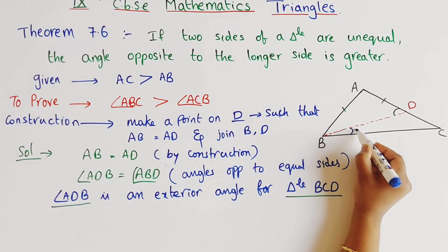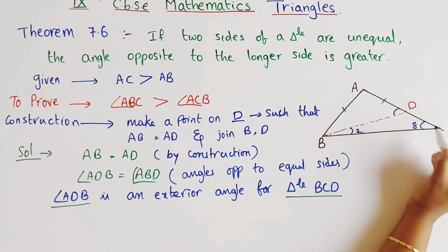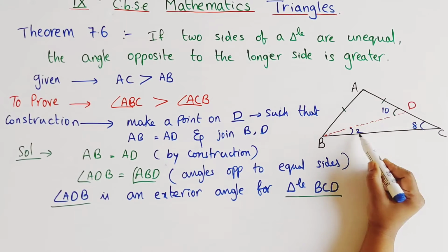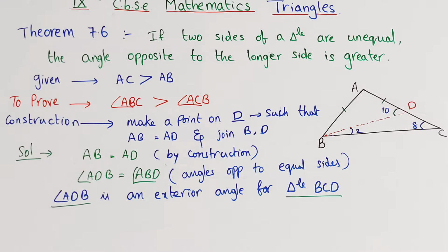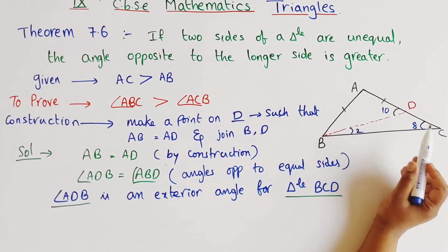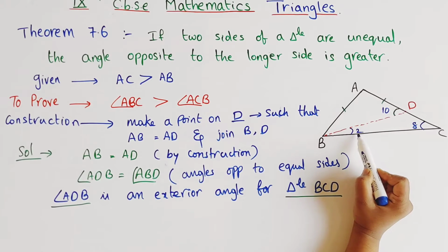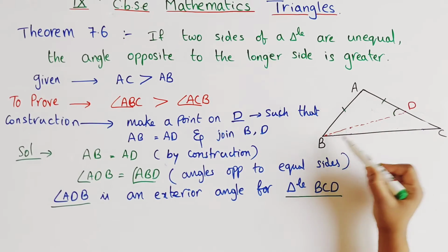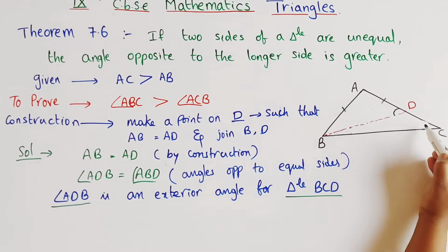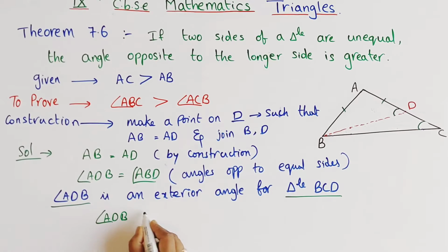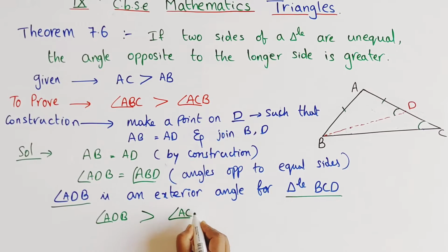Example, if I take 2 and if I take 8, this exterior angle will be 10. 2 plus 8, 10. An exterior angle is the sum of opposite interior angles. So it is greater than this angle as well as this angle. Correct, children? So angle ADB is greater than angle ACB.